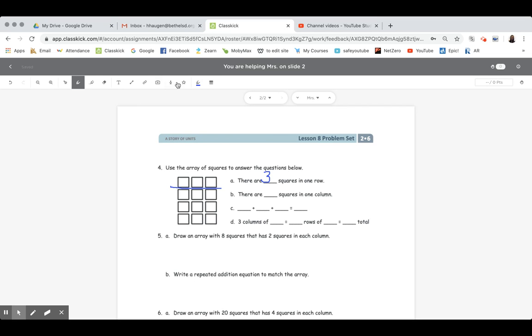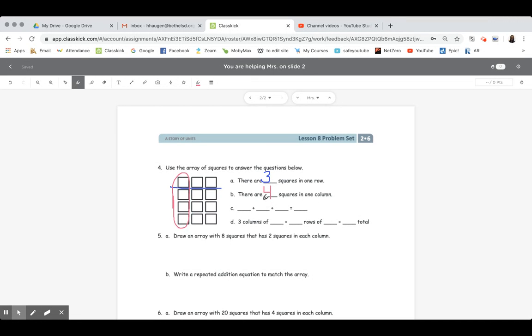So go ahead and write that down while I change colors. The next one says, there are blank squares in one column. Well, remember, columns go this way. So how many squares are there in one column? Hopefully you said 4. Okay.